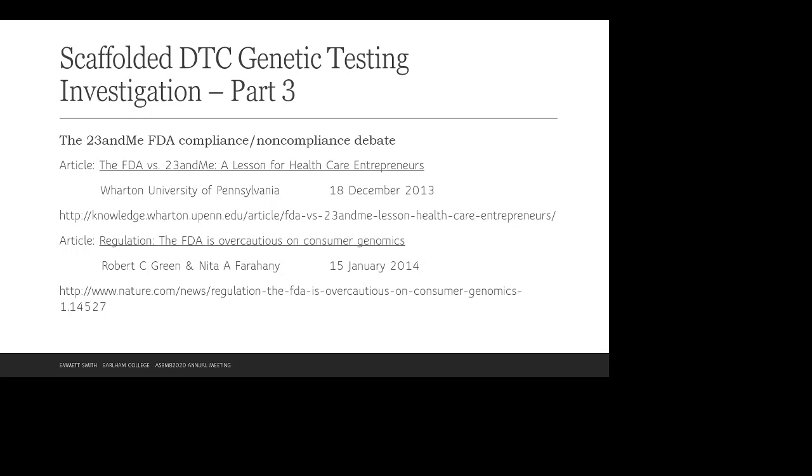Okay, another activity that I've done with the students is to look at the FDA compliance, non-compliance debate. This is getting a little dated now, but it's still interesting to think about how governmental regulation in the form of the FDA can impact these companies. Is your genetic information your own?